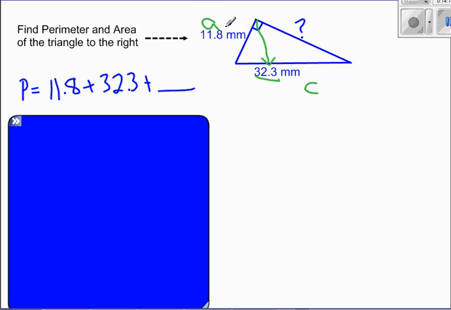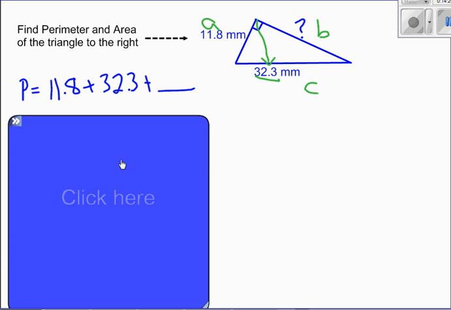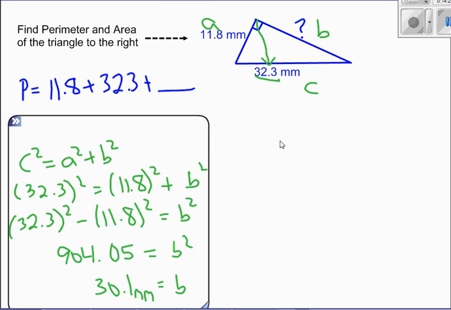So therefore, it's A and B. And I usually label A as the thing I know and B as the thing I don't know. So here I have found the length of the missing side to be 30.1 by using the Pythagorean theorem. And you can see here that because I knew the hypotenuse, at one step there was a subtraction involved. So that gives me 30.1 for my missing side.